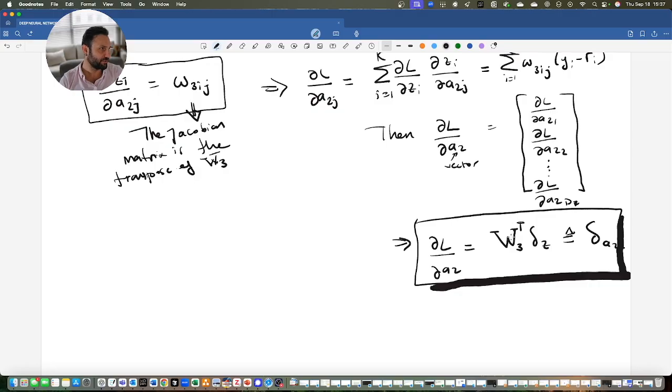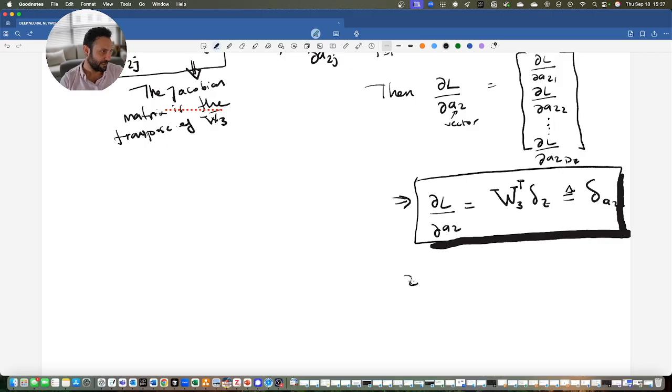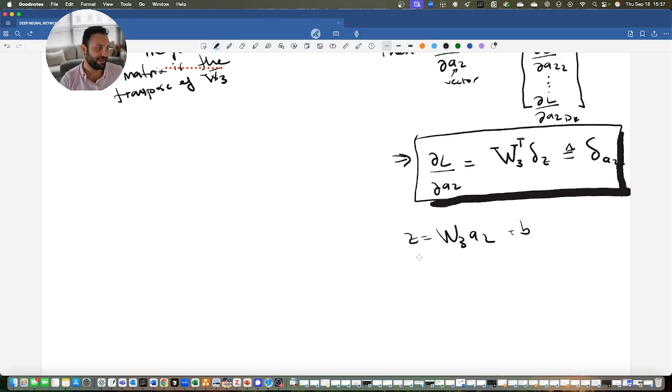If I were to introduce it like this, what I'm talking about is z was w3a2 plus some b, and going from dz to a2, delta a2 then becomes w3 transpose delta z, almost poetic, because b doesn't get involved, since it doesn't have any term that's being backpropagated.